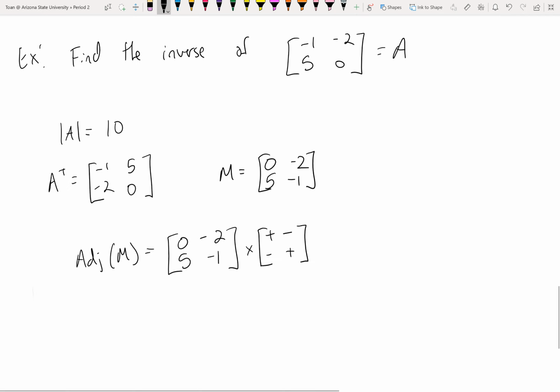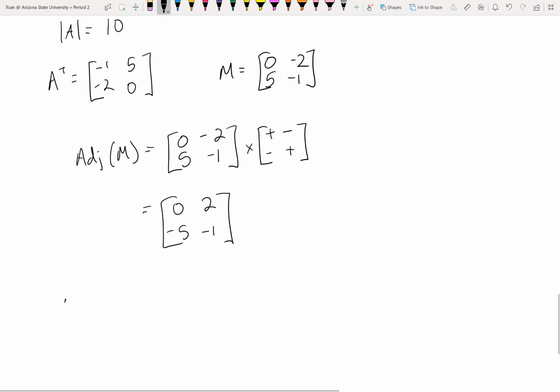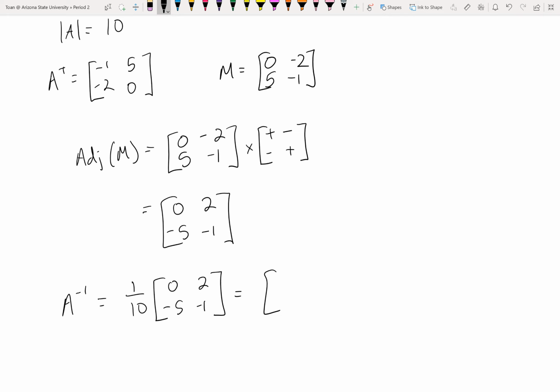So then what do we get? 0, positive 2, negative 5, negative 1. And then the last step, the inverse, is to divide by the determinant. Our determinant was 10, so it's 1 over 10 times that matrix. So that gives us 0, 1/5, negative a half, negative 1/10.